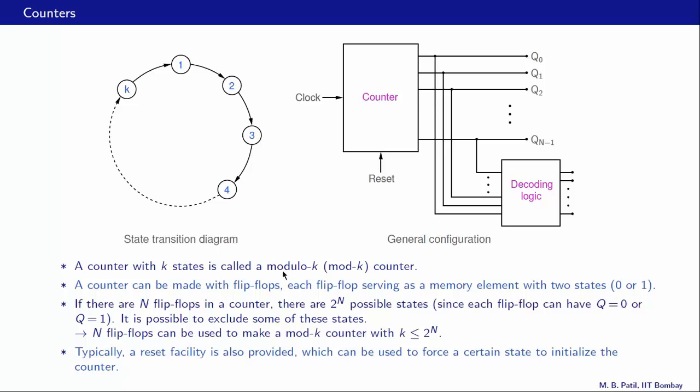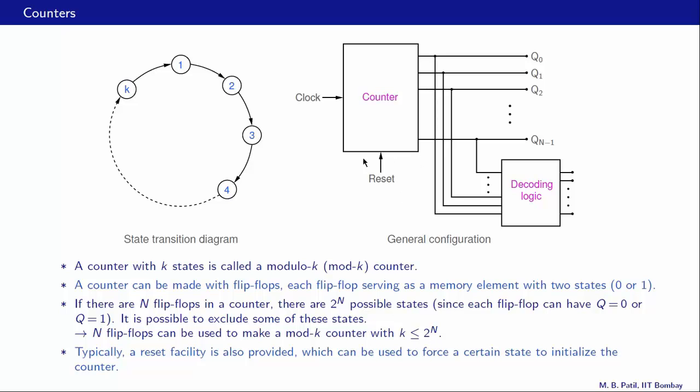Let's say we have 3 flip-flops, then we can have a maximum of 8 possible states here. So our k can be 8. But we can also exclude some states, and therefore n flip-flops can be used to make a mod k counter with k less than or equal to 2 raised to n.